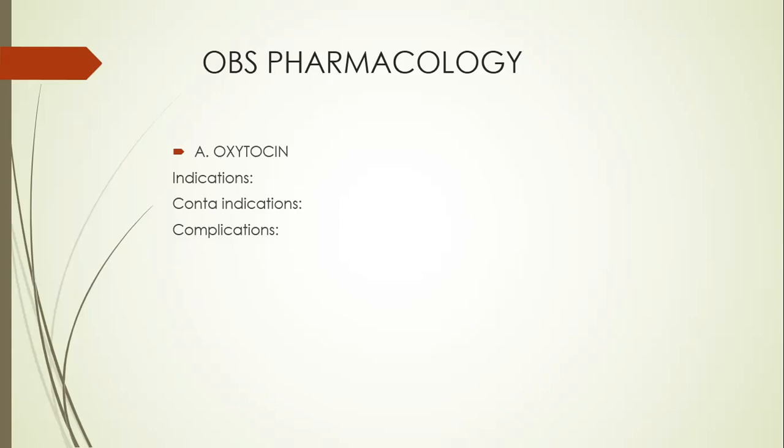Then contracted pelvis, cephalopelvic disproportion, history of early CS, malpresentations, obstructed labor, fetal distress. All these conditions are contraindicated for oxytocin. Okay, why? Because it will directly affect the baby. Cardiac disease will affect the mother as well as the baby. If the mother is affected, definitely the baby is affected.